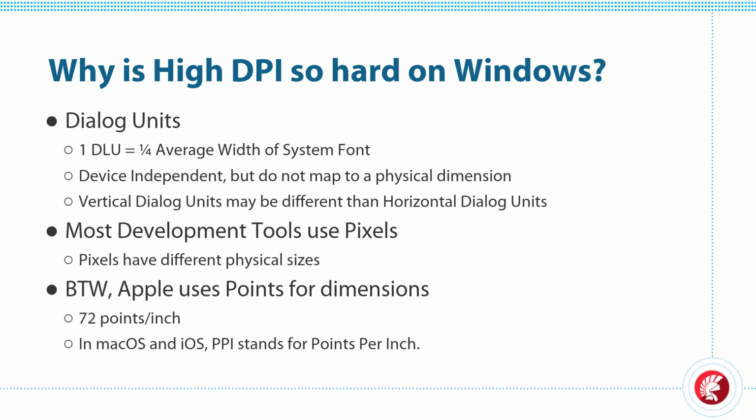One of the things you might be wondering, if you have any experience with Apple's products, Mac and iOS operating systems, is that they do everything based on points. And so 72 points per inch. In those environments, PPI stands for points per inch. And you can see that if you dig in deeper, all their monitor resolutions are driven by that. That's really historically from all the graphics publishing that Apple started out doing and really became well known for.